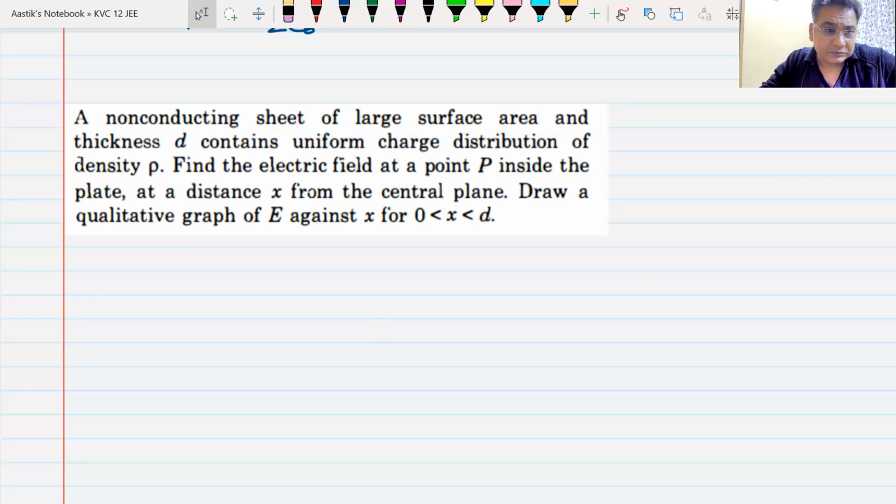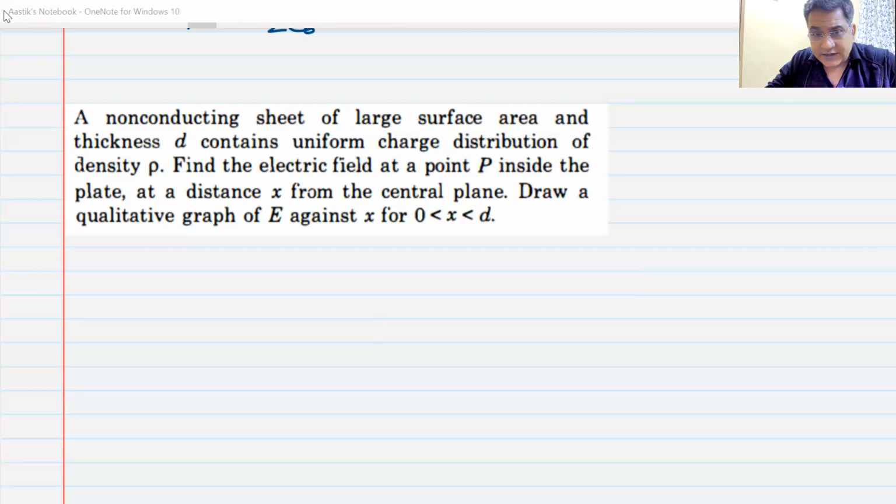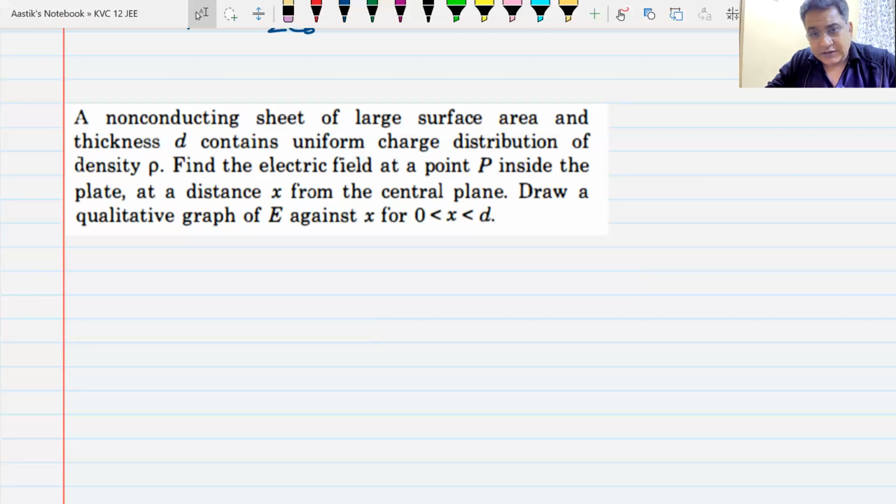Try it at home. The answer everyone knows, rho x by epsilon naught, but how do you get it? That is the answer for inside. You also need to remember the answer on the surface and for any point outside, because you never know what can come in JEE. The concept remains same. The questions might be a bit different.